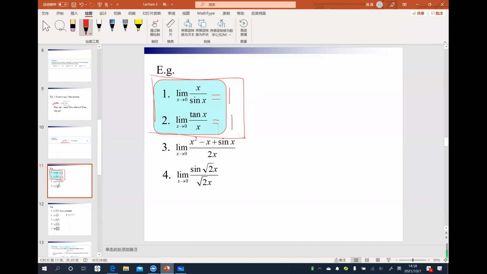Tangent x by x, as x approaches 0, the limit is 1, and x by sine x, as x approaches 0, the result is also 1. So here are the two exercises. We use the important formula. Then please practice more and do exercise number 3 and number 4 here.